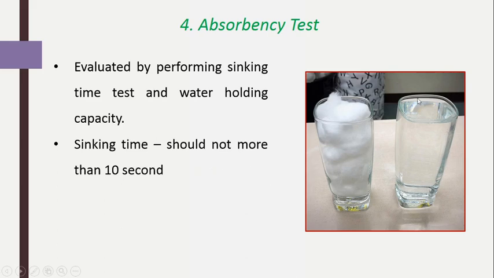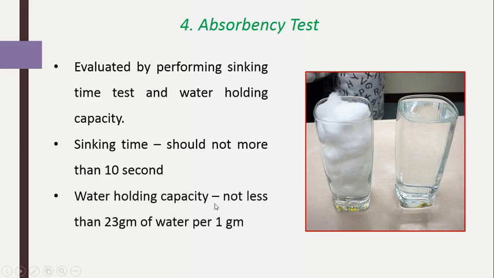The time taken by the sample to go from the top of the fluid to the bottom should be less than 10 seconds. It indicates that it has the ability to absorb as early as possible, within a short period. So the sinking time of this absorbent cotton should not be more than 10 seconds.